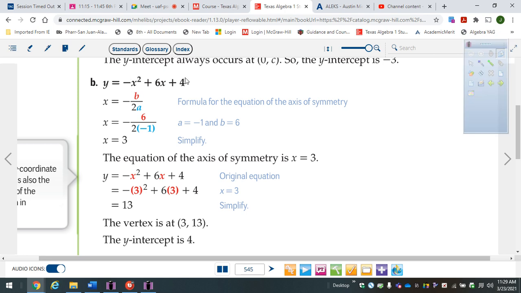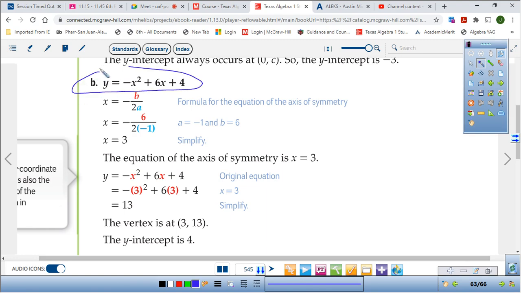Can you all tell me, does this one open up or does it open down? Looking at B, I'm looking at this one right here, B. Does that one open up or does it open down, guys? Come on.